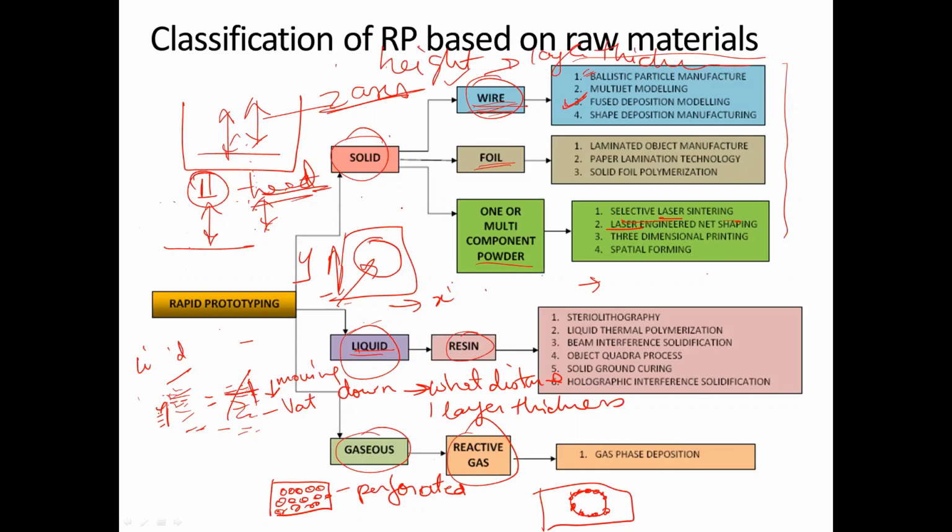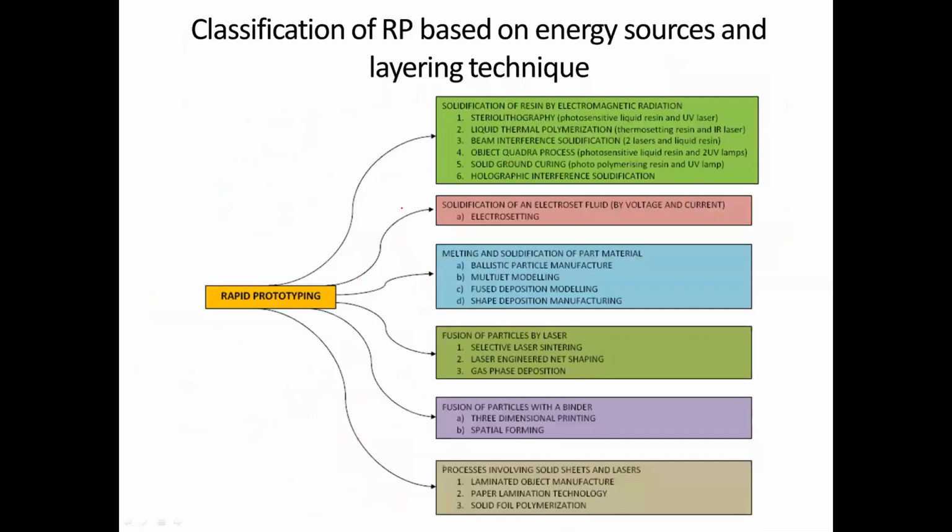I have not started the lab component because you don't have the CAD models. So next class, when you come with a CAD model, I'll start to show you how the system actually works in the lab. You will be seeing the processes, and by the time you come to the lab, you will be fabricating those parts by yourself also. So let me go to the next slide.